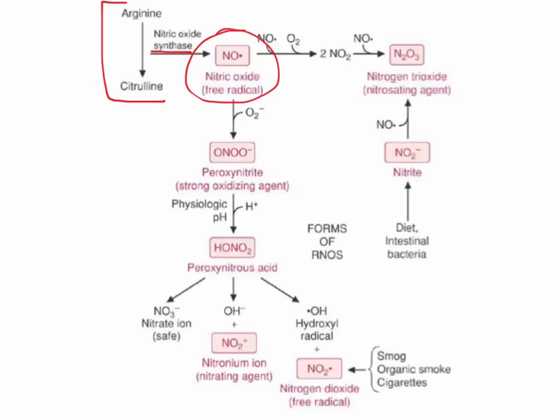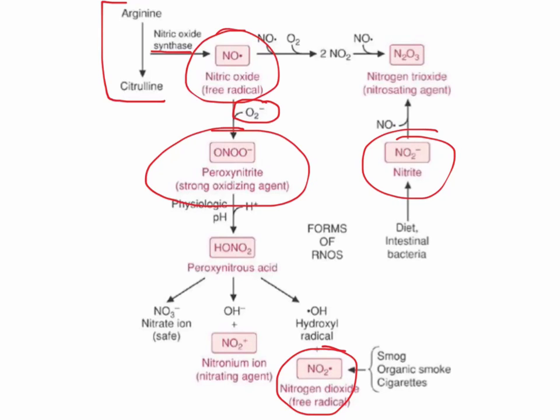Nitric oxide is formed in the vasculature and can interact with superoxide anion to form peroxynitrite. Peroxynitrite is itself a very reactive molecule, and it can react with lipids, amino acids, DNA, and protein molecules in the cell. Nitrite and nitrogen dioxide are exogenously formed reactive nitrogen species.